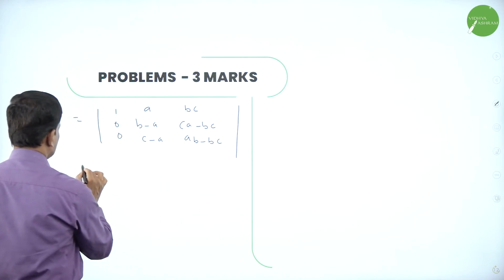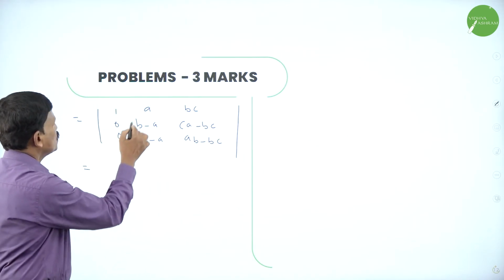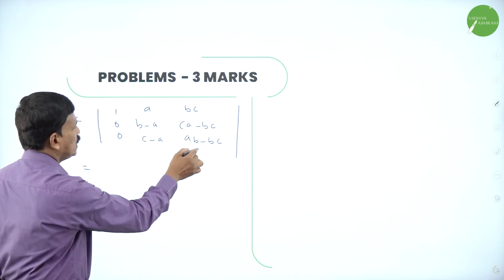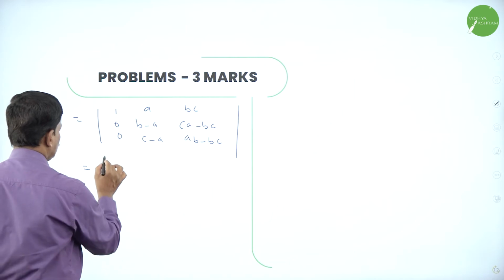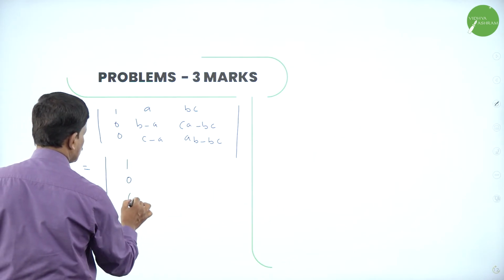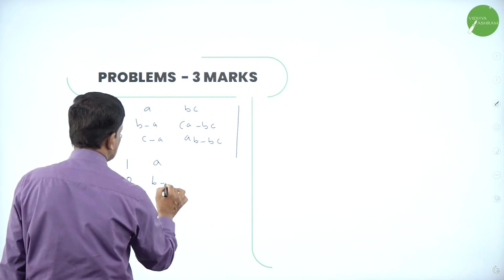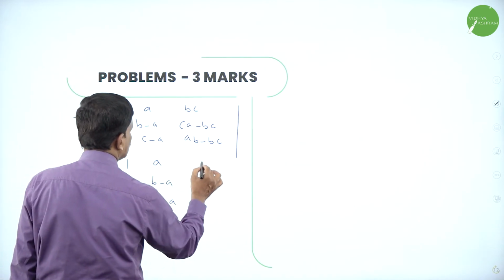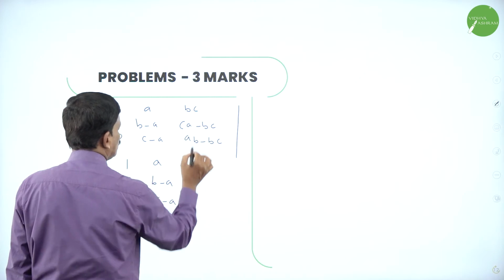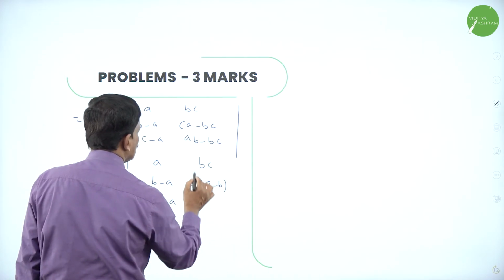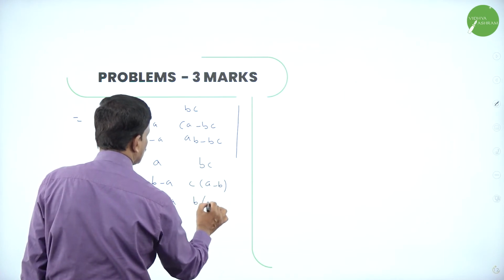Okay, now let us come. So 1, 0, 0, a, b minus a, c minus a, bc, ca minus bc, and ab minus bc. Now you just keep this as it is, 1, 0, 0. Here this is a, this is b minus a, c minus a, bc. You can remove the common factor. c is the common factor, what will you get? a minus b. Here b is the common factor, you will get a minus c.